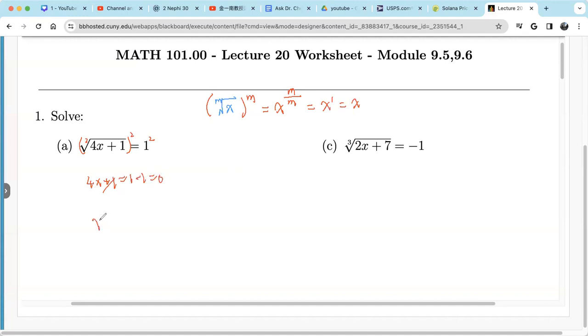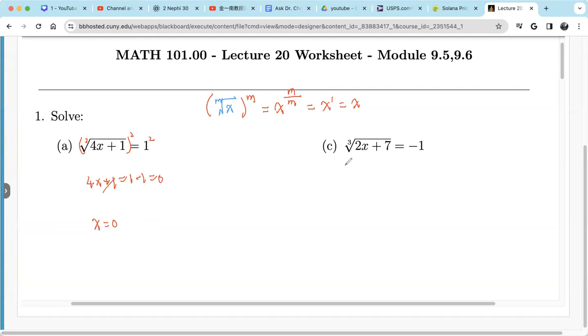We divide by 4 on both sides, so we get x equals 0. 0 divided by anything is 0. If we plug 0 back into the equation, 0 times 4 is 0, 0 plus 1 is 1, and the square root of 1 is 1. So the solution for A is 0.